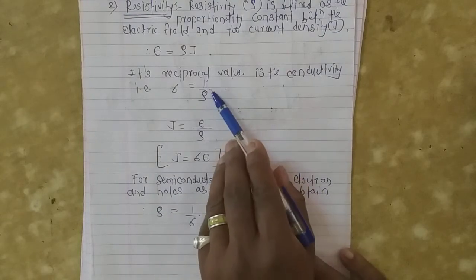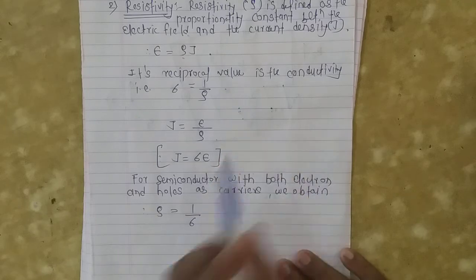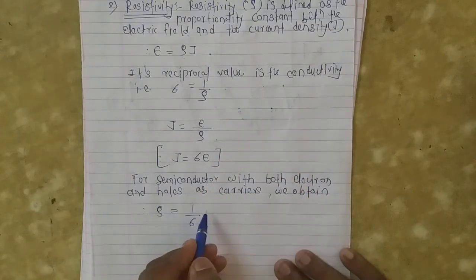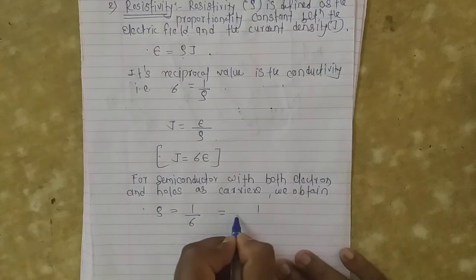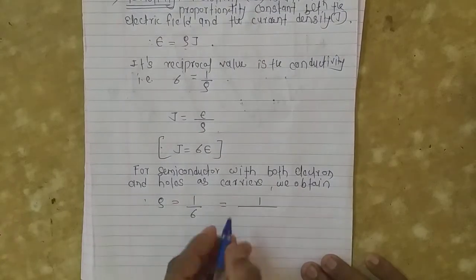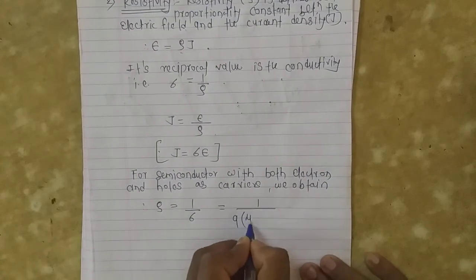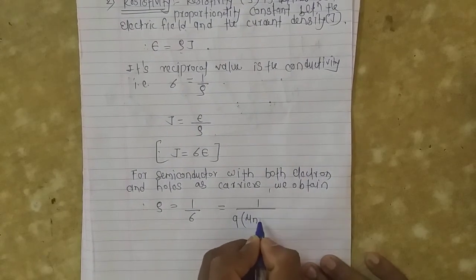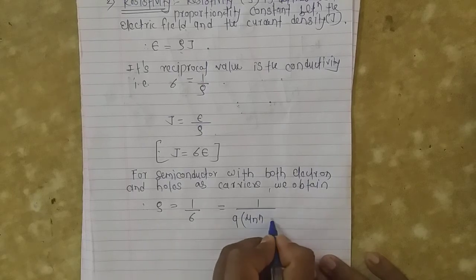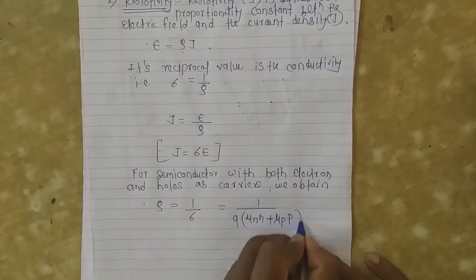According to the equation, sigma is equal to 1 upon rho, and rho is equal to 1 upon sigma, and therefore 1 divided by q times (mu n into n plus mu p into p).